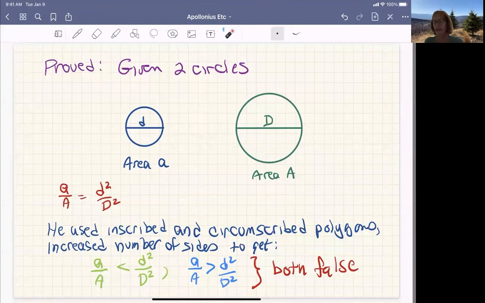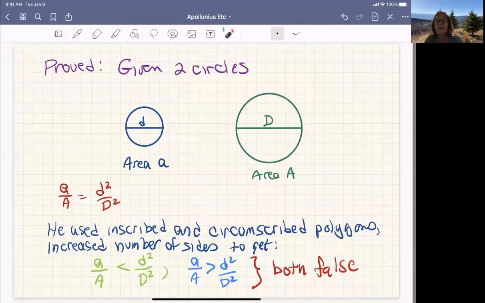We also have a second circle, diameter capital D and area capital A. Then the ratio of little a to big A is equal to the ratio of little d squared to big D squared. How did he prove this? He used inscribed and circumscribed polygons, and he increased the number of sides.